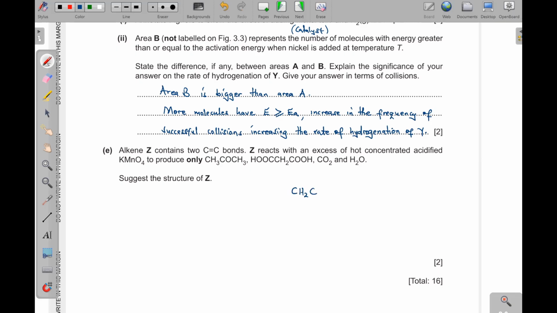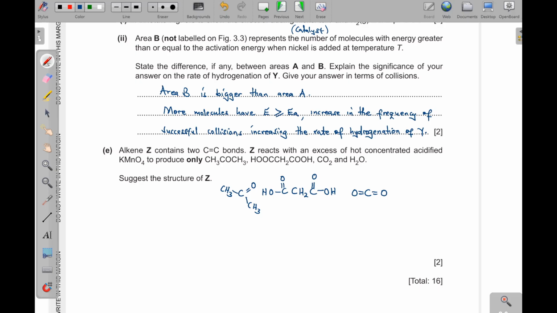CH2, COOH. Now, because there is COOH here, we are going to have this one here, then the OH, then here we are having carbon dioxide, then there's also C here, then OH here, and then here I'm going to have C. In fact, let me make it much more clear, I'm going to put this one here, then CH3, and then CH3.